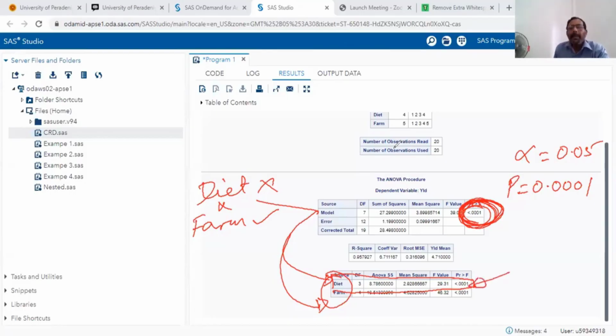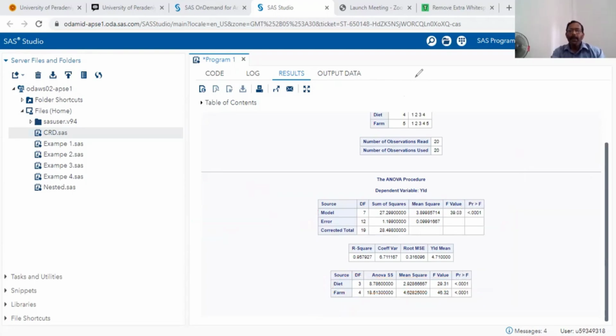So diet is no problem, it is also significant. It is less than the alpha value, so we could say, what is the conclusion now? After taking the decision, what is the conclusion, anyone? How can we make the conclusion? This is my null hypothesis. My null says alpha i is equal to 0.